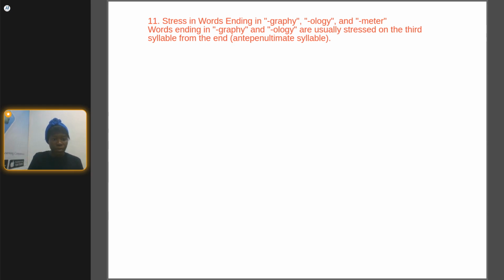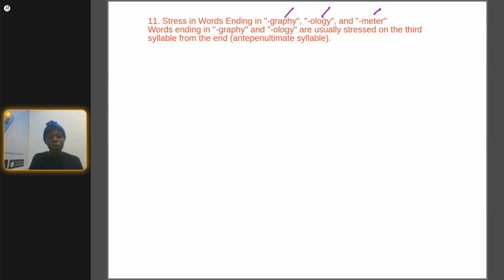Graphy. So words that end with graphy, that end with ology, that end with meter. Just know that these words are usually stressed on the third syllable from the end. When you say from the end, it means you start counting from the end.